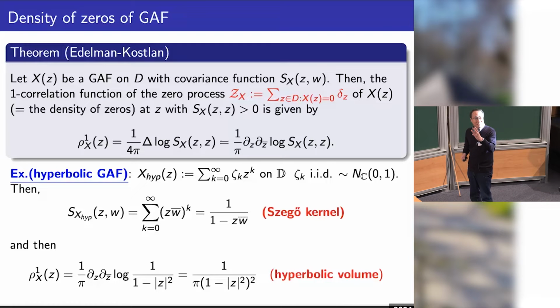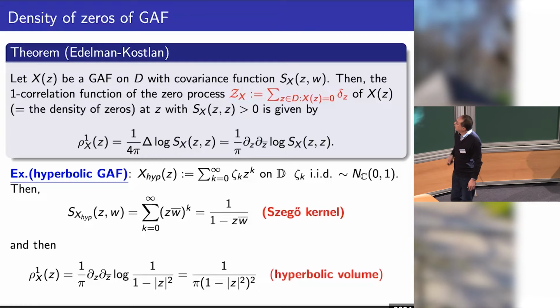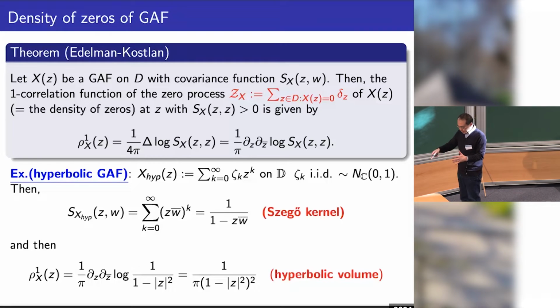There are three types of GAFs which have nice symmetries. One is the hyperbolic GAF, one is planar, and one is elliptic or spherical. But anyway, we are looking at this hyperbolic GAF, and always sitting inside the disk.